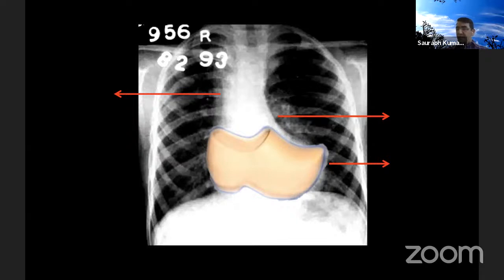I hope I am making myself clear, because sometimes it is not taken well by the examiners when it is said like this. So the better statement may be PA segment is not well seen, pulmonary bay is present, cardiomegaly is absent, and there is pulmonary oligemia. So this is typical of coeur en sabot, which is typical of Tetralogy of Fallot.